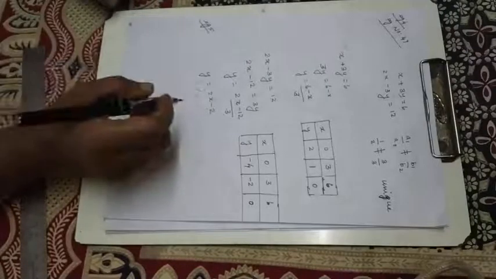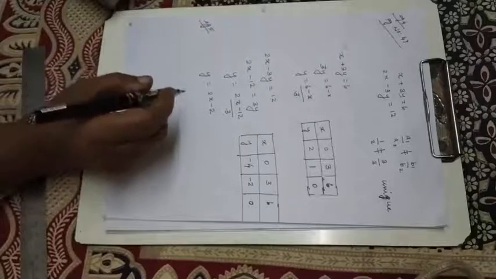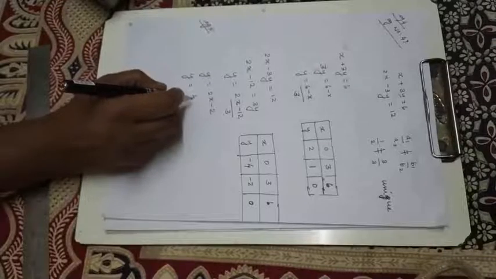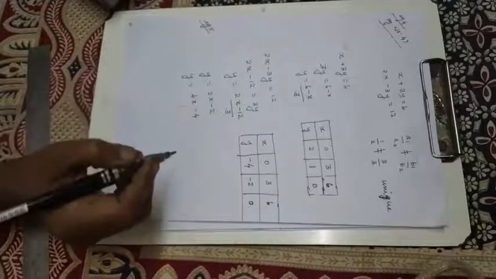So y is equal to 2x minus 2, and in the second equation you are getting y is equal to 4x minus 4.